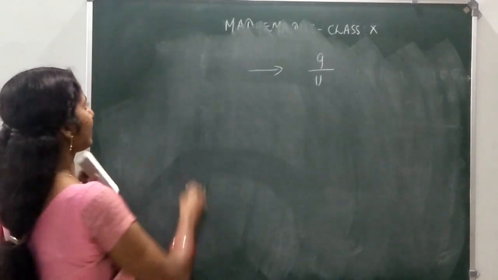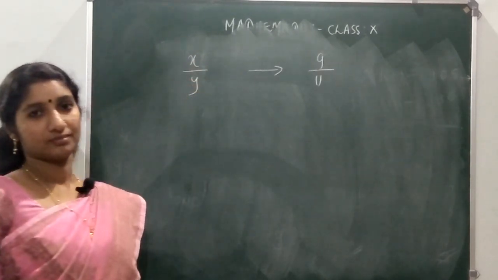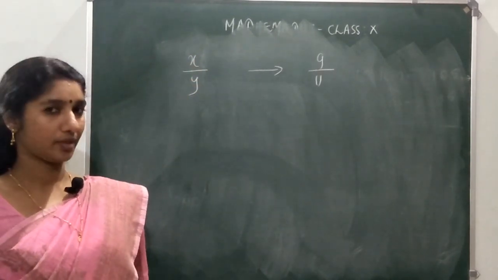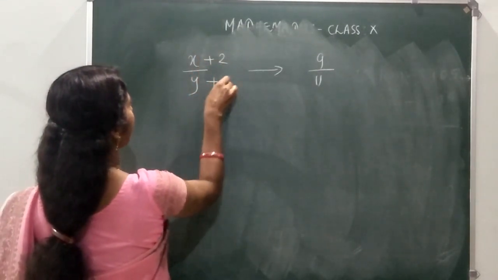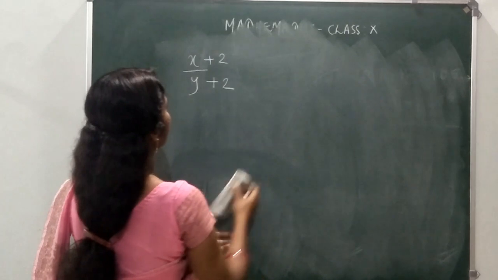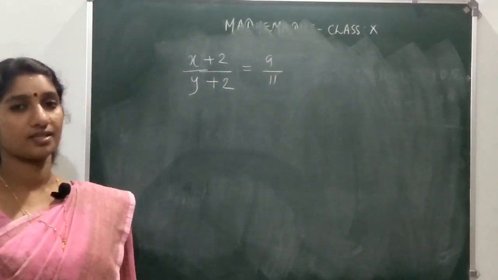Okay. So let us take the fraction as x by y. x is the numerator and y is the denominator. While adding 2 on the numerator and denominator, we will get 9 by 11. Like this one situation is given.